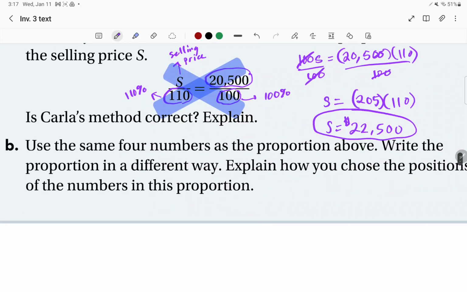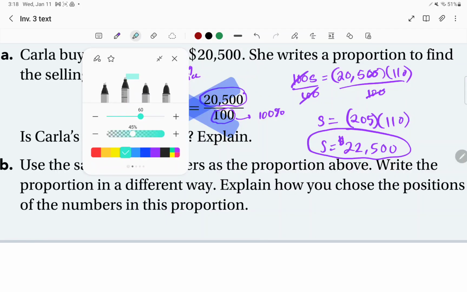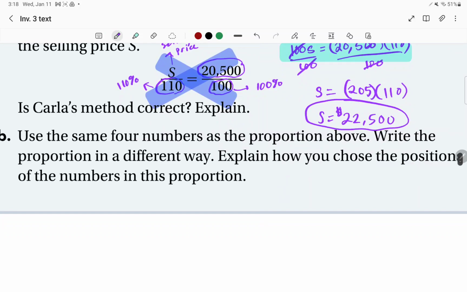And then on part B, it says use the same 4 numbers as the proportion above. Write the proportion in a different way. So we've talked about this already, right? We can write the proportion in a different way as long as, and I'll highlight this here, our cross products, which is this first line right here, are the same. Okay, so another way that you could write this is just kind of switch them around a little bit.